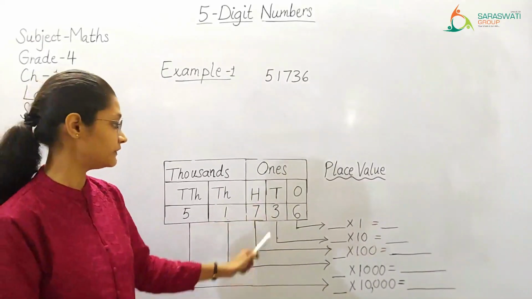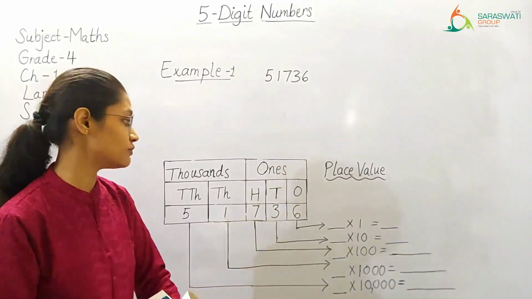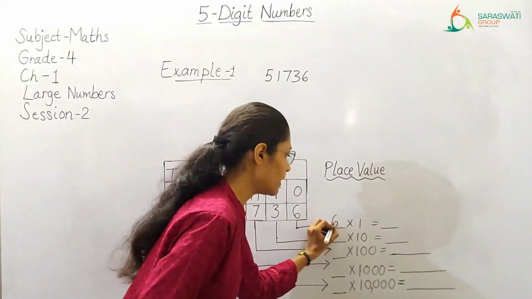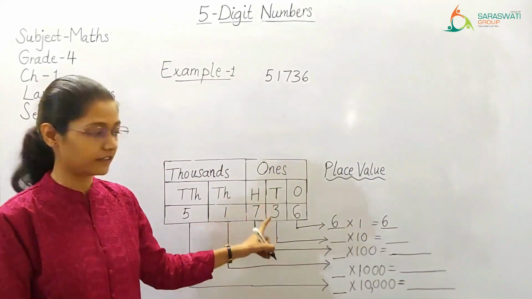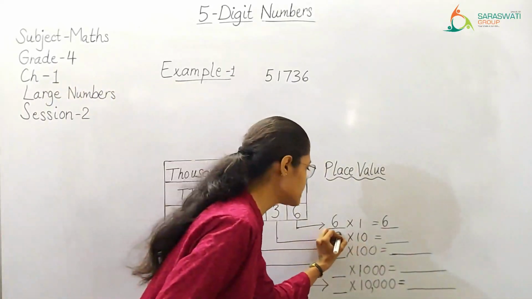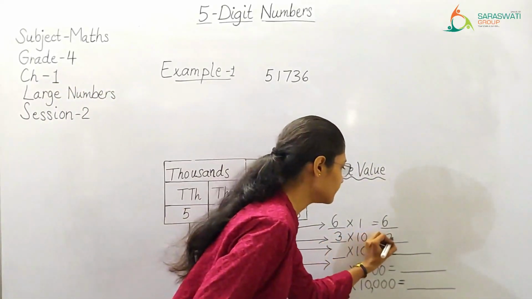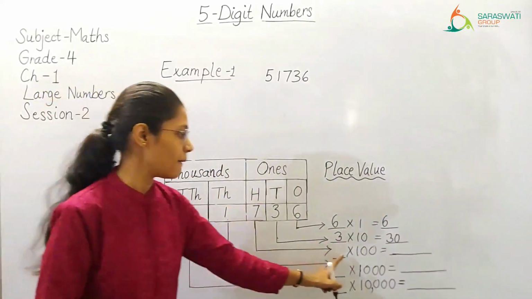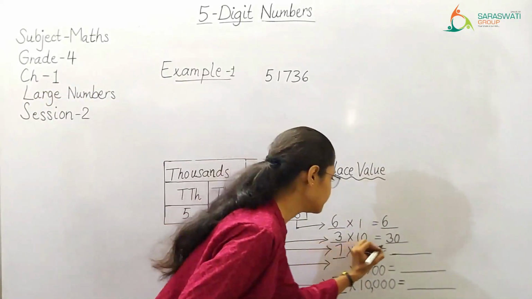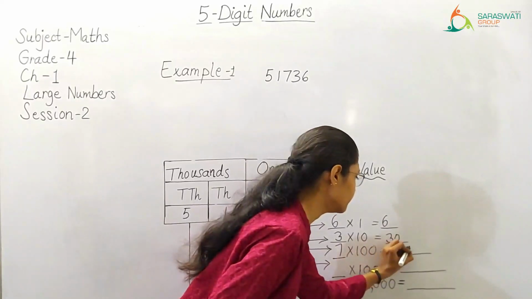Now let us find the place value of each of the digits. Starting from 1's place, place value of 6 will be equal to 6 multiplied by 1. So 6. Then place value of 3 at 10's place will be 3 multiplied by 10. So 30. Then place value of 7 at 100's place will be 7 multiplied by 100. So it will be 700.